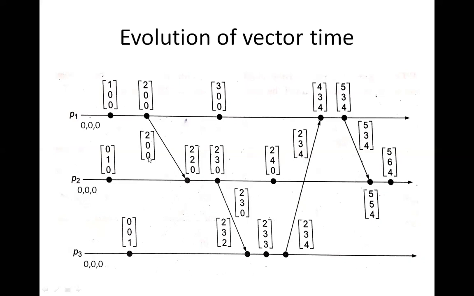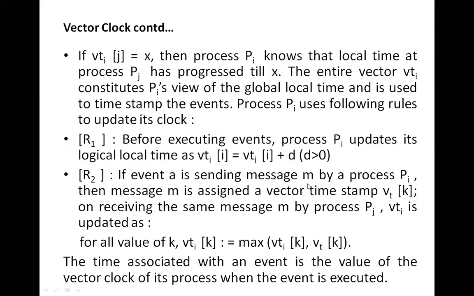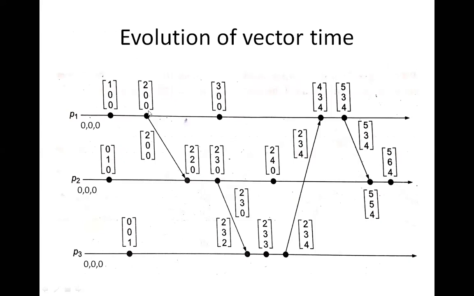Now rule 2 will apply, because rule 2 says that if an event is receiving a message, then we have to find the maximum value. The timestamp representing the vector time of this event has 2 as the first component, 0 as the second, and 0 as the third.